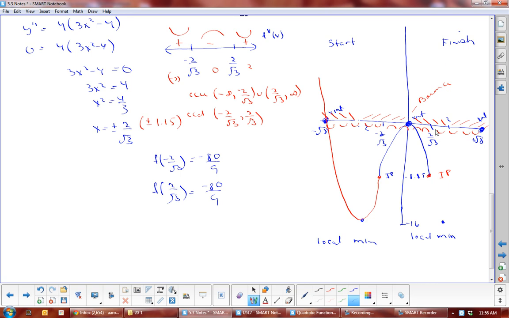From here to here, it says to be decreasing, but concave up. So decreasing, concave up. From this minimum, it says increasing with concave up. There it is. Good stuff.